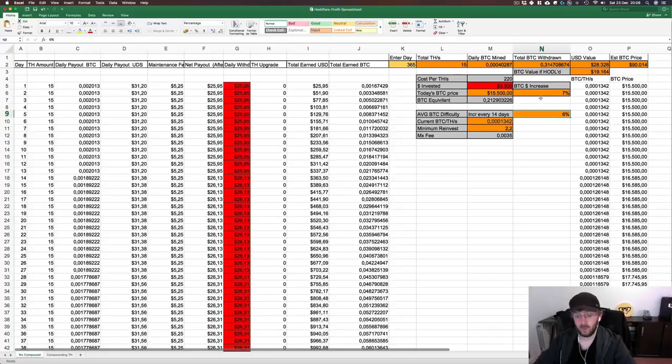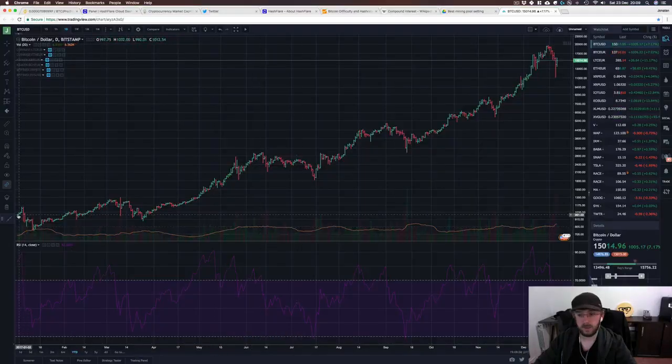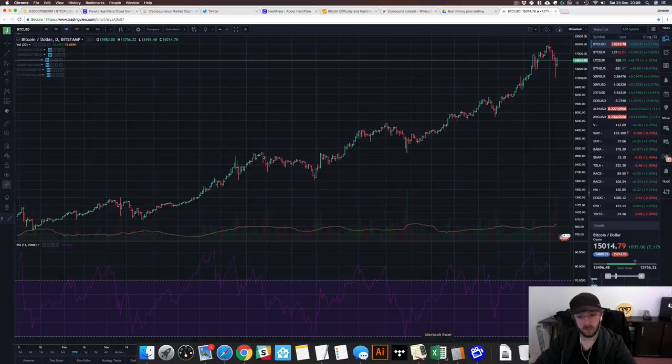But this year it was around 12% here and 8% here. So for the 12%, if we take a look at the price of Bitcoin at the beginning of the year, it was around 1,000.